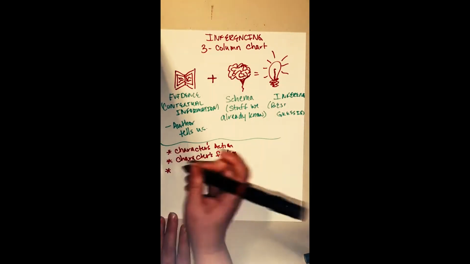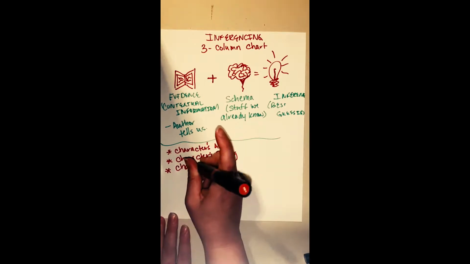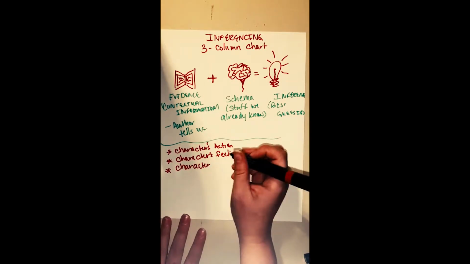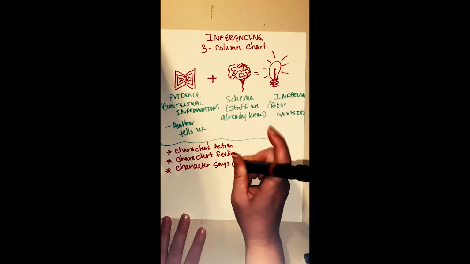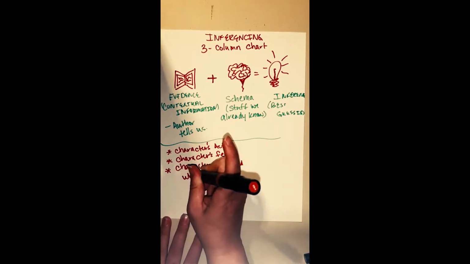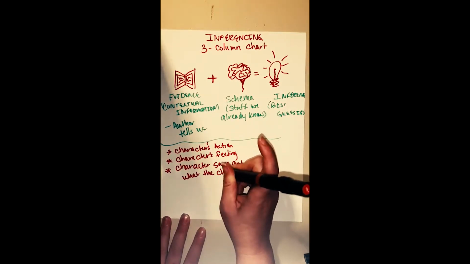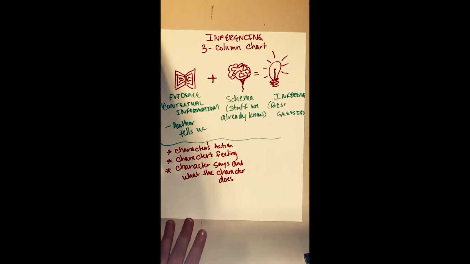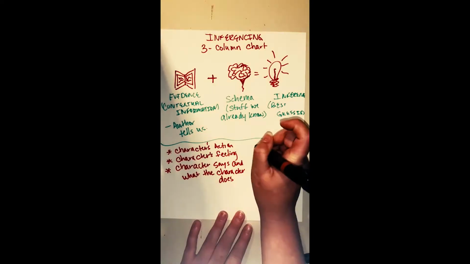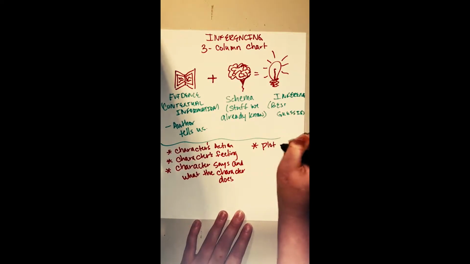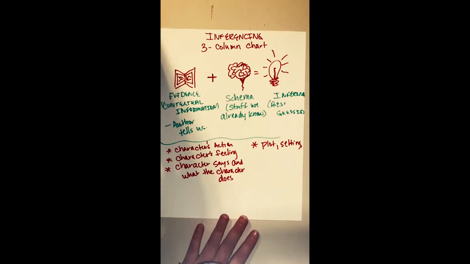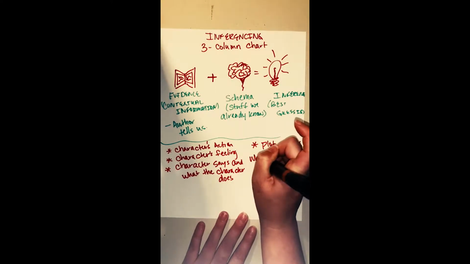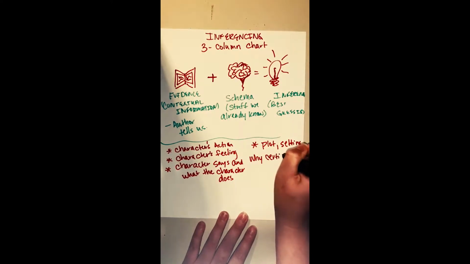When we're trying to analyze the difference between what the character says and what the character does. And then lastly, when we're asking questions about the plot, questions about the setting, when we're asking questions about why certain events happen.